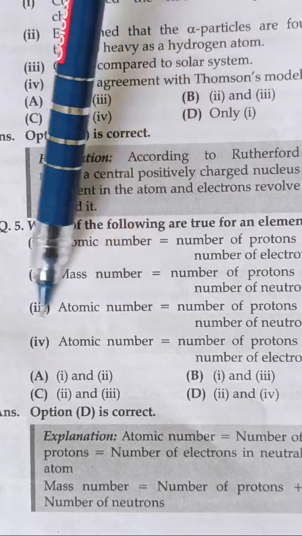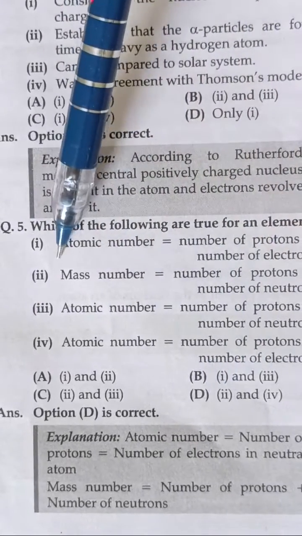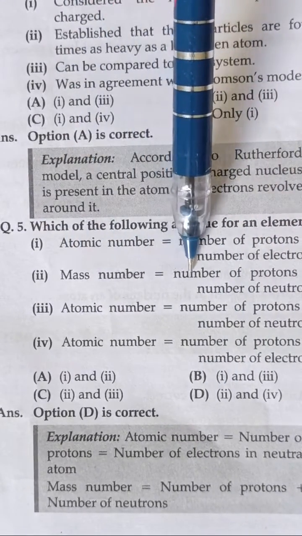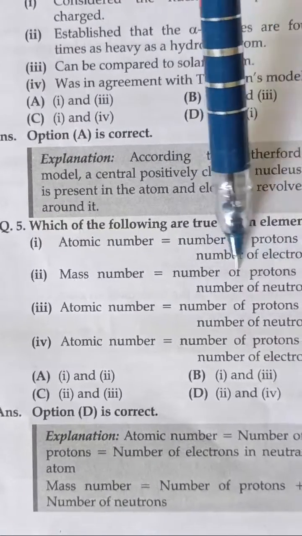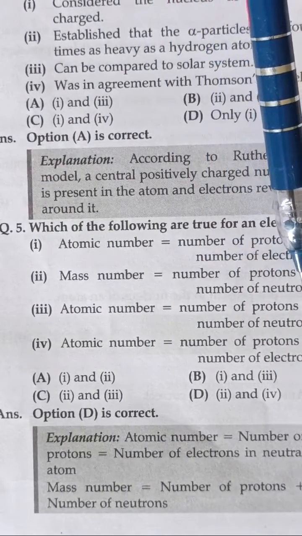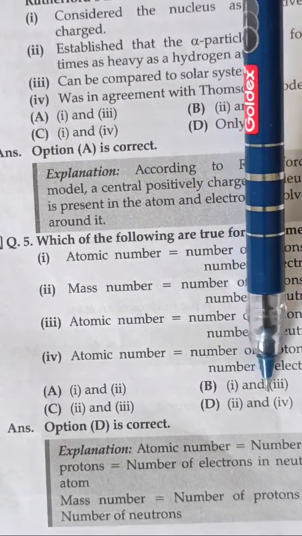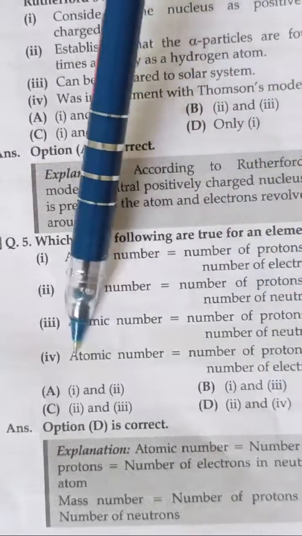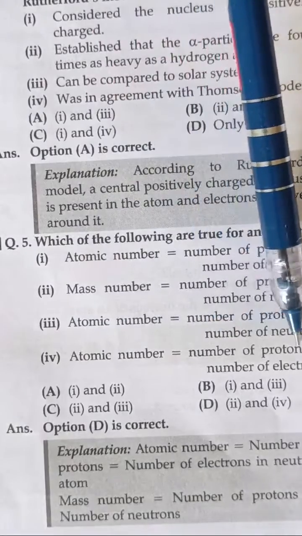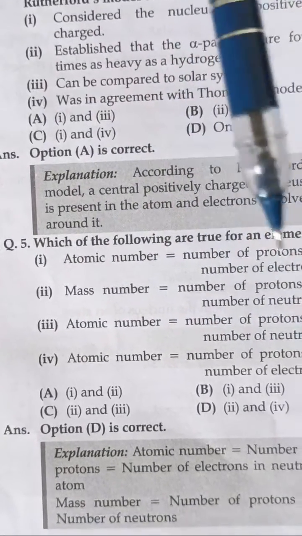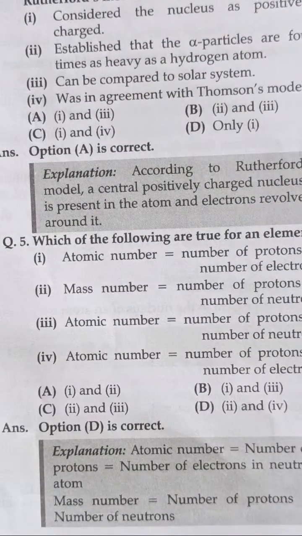Answer is D, second and fourth, which is mass number equals number of protons plus number of neutrons. And fourth is atomic number equals number of protons, number of electrons. Now we will move to our question number 6.